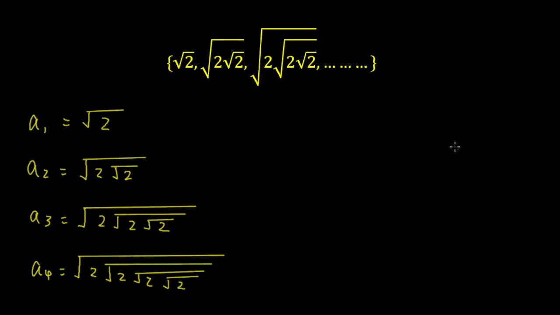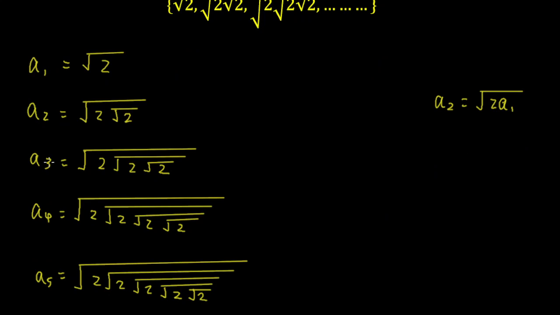So we can write that a sub 2 is equal to square root of 2 times a sub 1. Okay. Next, a sub 3. As you can see, this portion here, the square root of 2 times square root of 2, is just a sub 2. So we can write that a sub 3 is equal to square root of 2 times a sub 2.